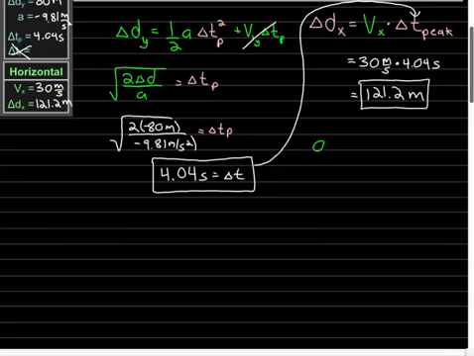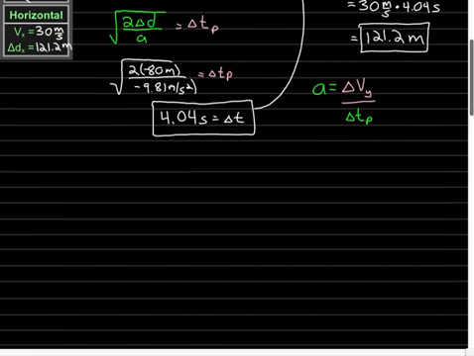We know that the acceleration is equal to a change in velocity vertically divided by the change in time to the peak, which is now known. So, solving for those two things, we have acceleration times peak time is going to equal our change in velocity vertically.